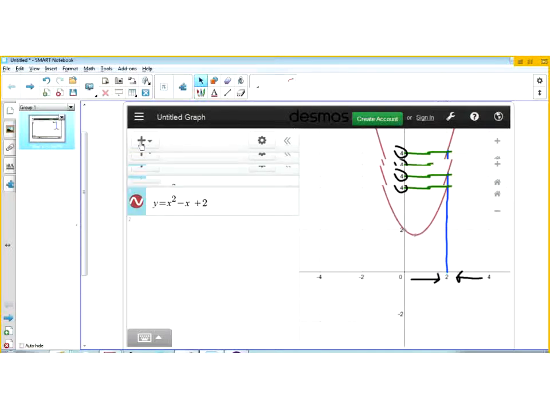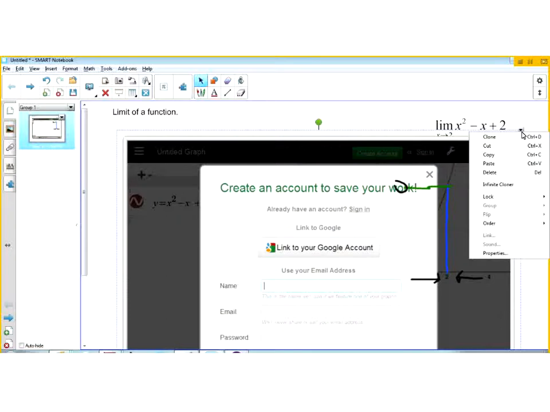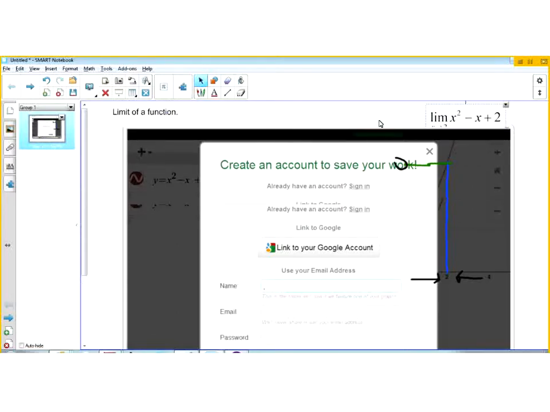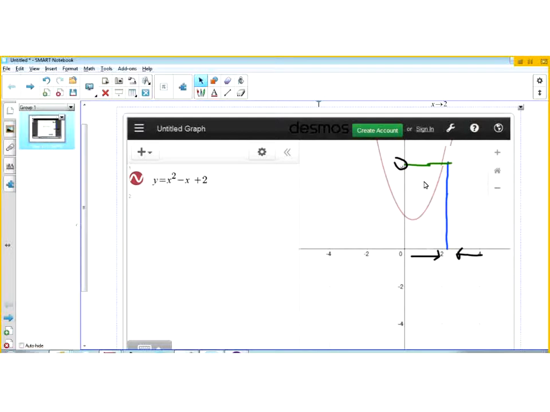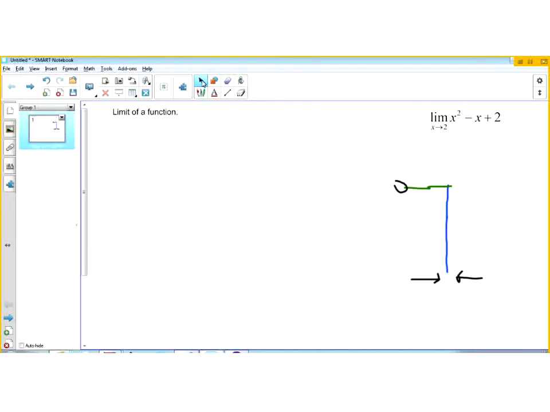We can summarize this result using a tabular approach. Let me insert a table and let's examine the numerics.